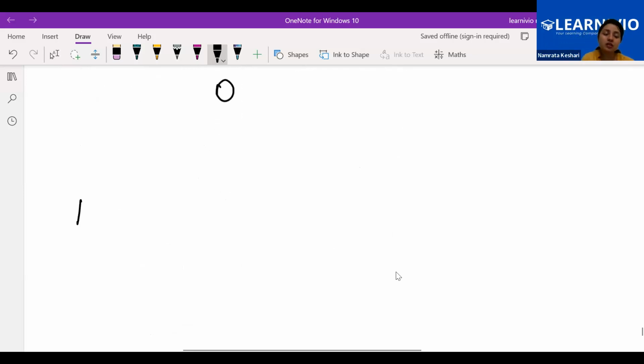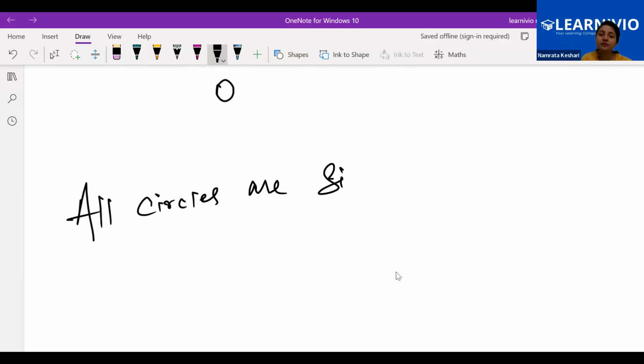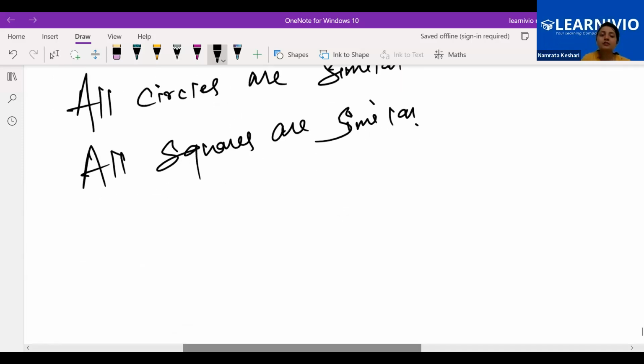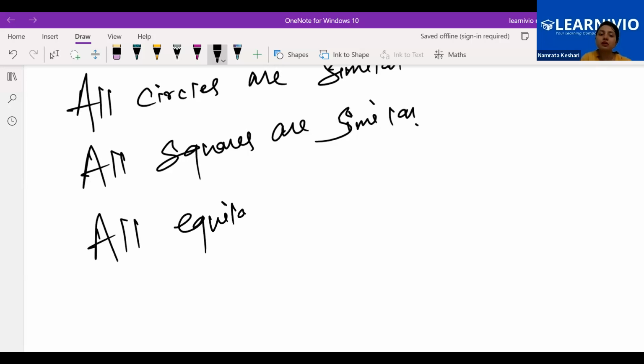All circles are similar, all squares are also similar, and all equilateral triangles are also similar, because in these three cases the sides will always come out in proportion only.